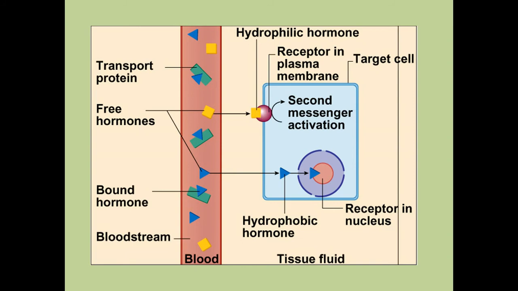They're hydrophilic, water-soluble, in other words, and they don't play well with the cell membrane. The plasma membrane, of course, is lipid-based. So hydrophilic hormones can never get inside of target cells. Instead, they will attach to the surface of the target cell, to a protein membrane receptor. So a cell surface membrane receptor.